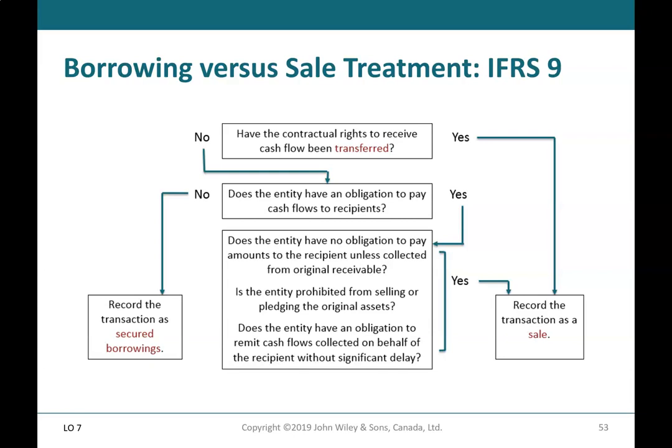Is the entity prohibited from selling or pledging the original assets? Does the entity have an obligation to remit cash flows collected on behalf of the recipient without significant delay? Then you would record the transaction as a sale. So if you have the contractual rights to receive cash flow being transferred, and the answer is yes, then you would automatically record the transaction as a sale.